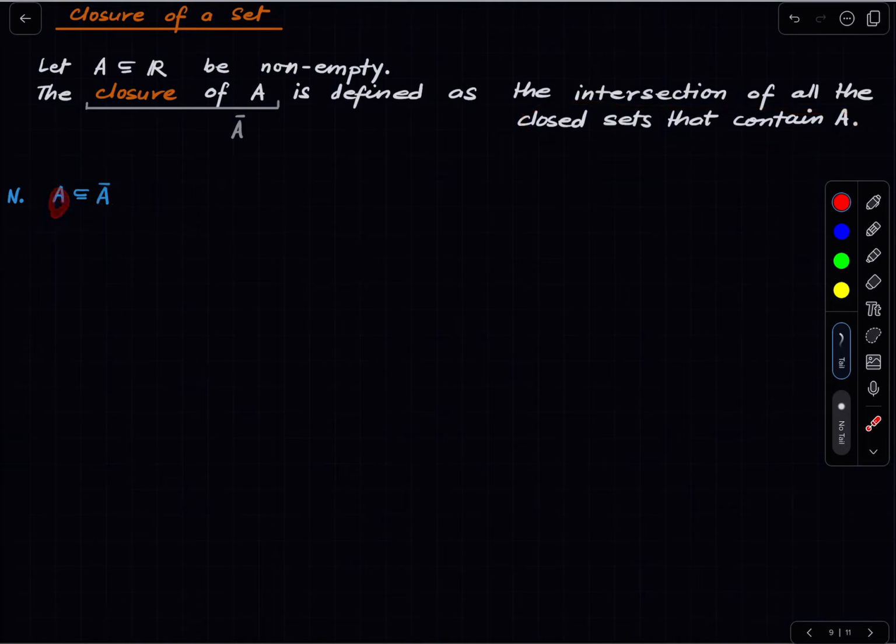Why is it a closed set? Because it is the intersection of a bunch of closed sets. The intersection of a bunch of closed sets, no matter how big that collection might be, is always closed. This is what we proved. So the closure of A is a closed set. Please note this.